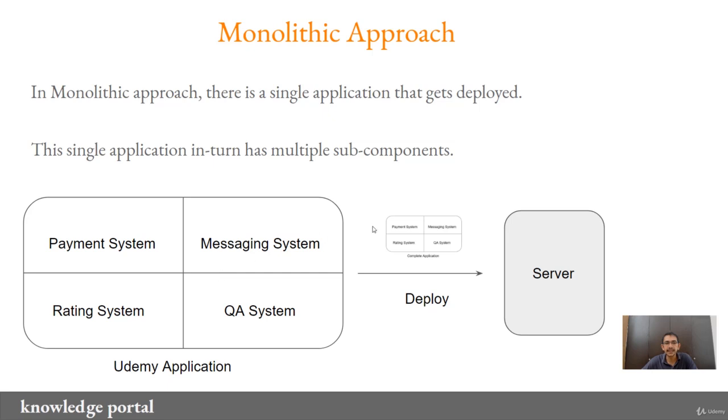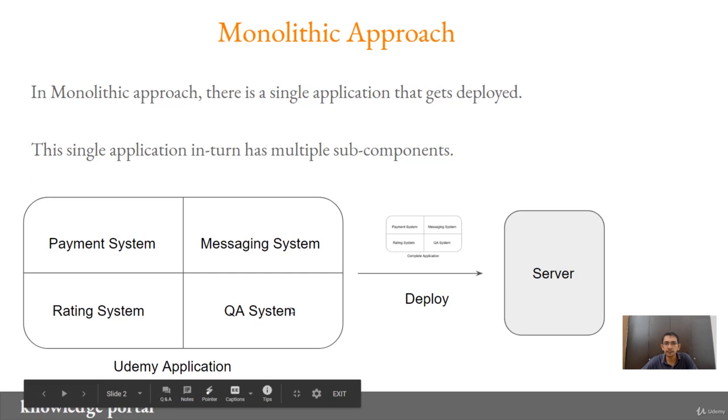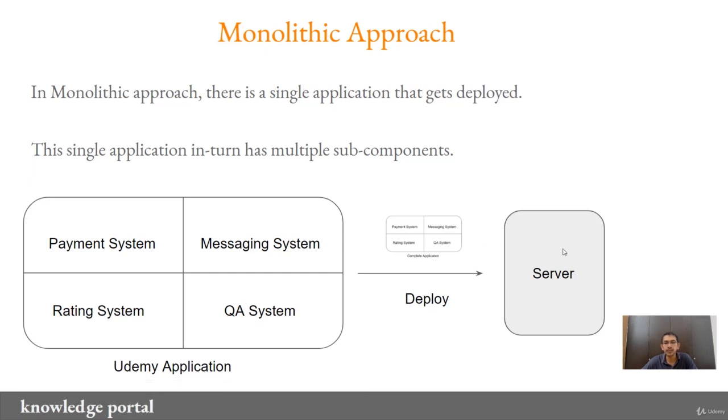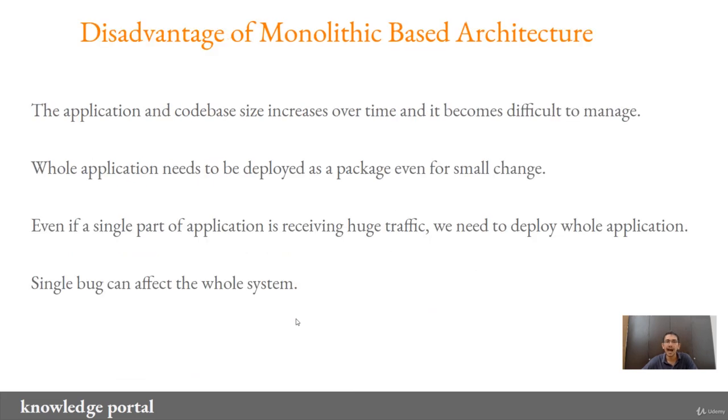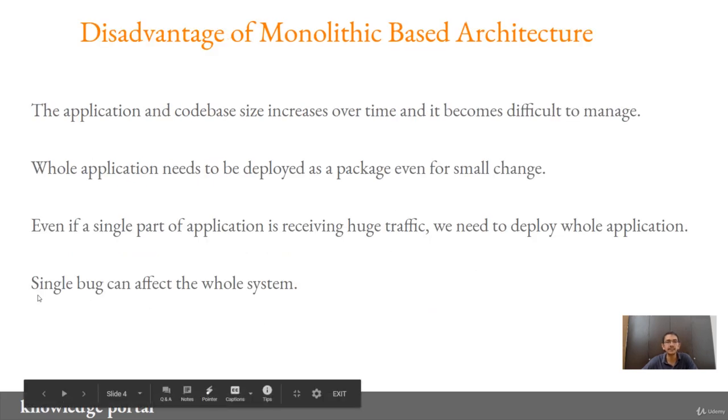Since the entire application is deployed in the server, even if the load is coming into one of the subcomponents, if you decide to add more servers to handle the load, in the additional servers, again, you will have to deploy the entire application here. There is no way in which you can deploy only the QA system which is getting the higher load in a monolithic based architecture. And fourth one, as we have already discussed, is that a single bug can affect the whole system.